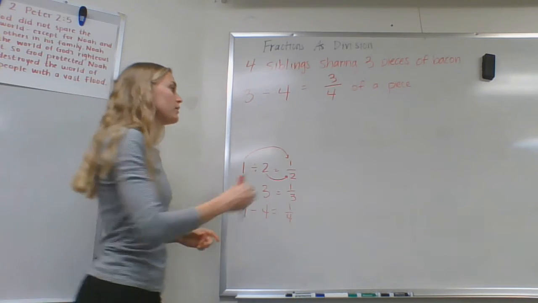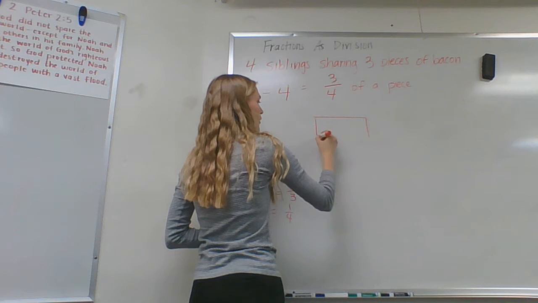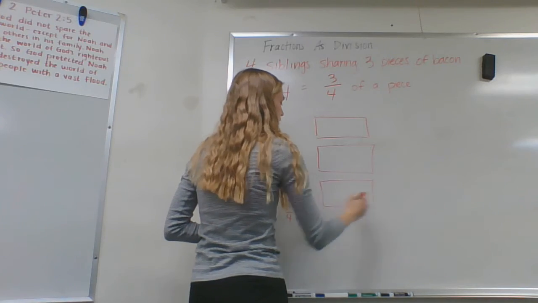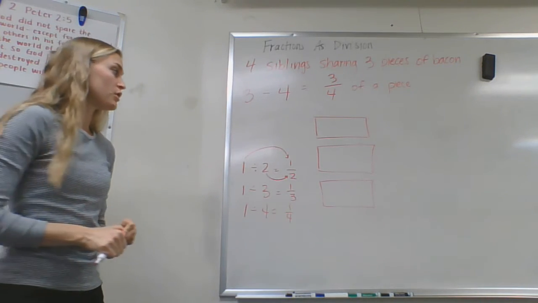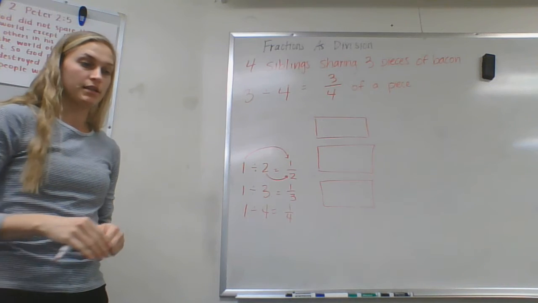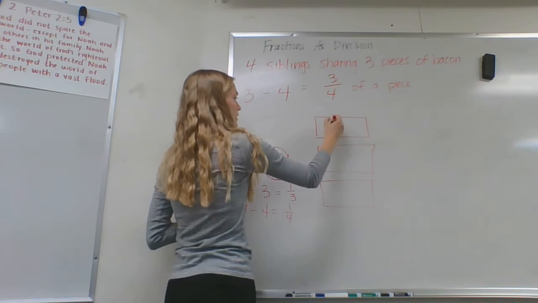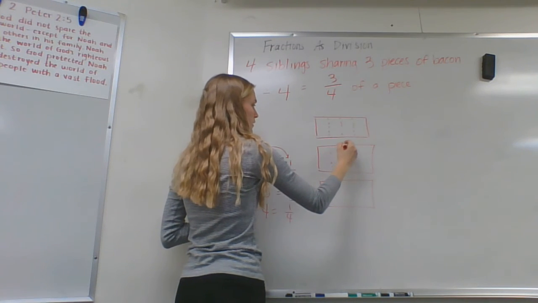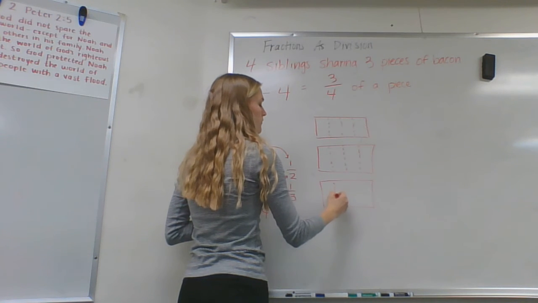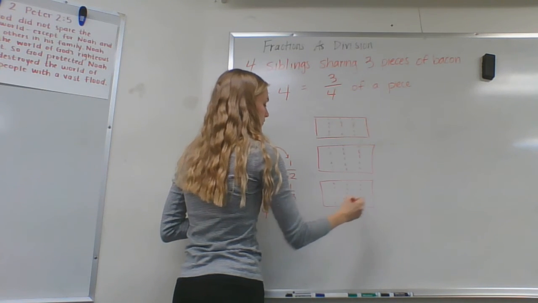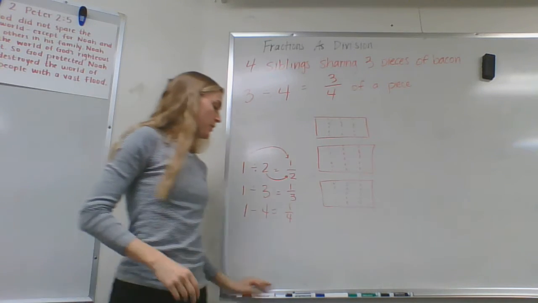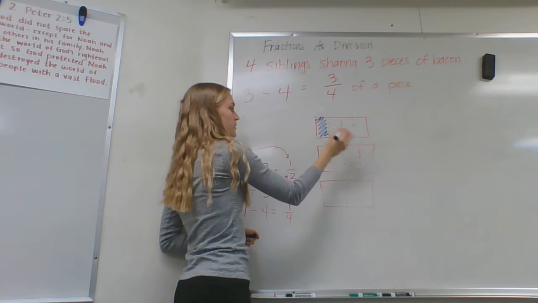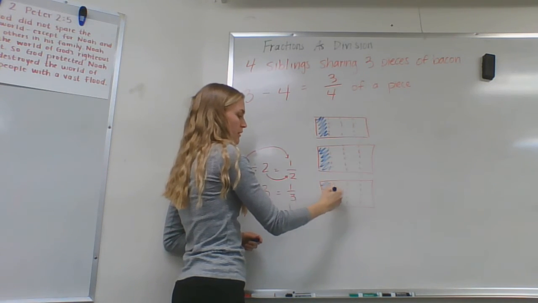Now if we drew that out, you would need to draw out 3 pieces of bacon. And we're dividing that between 4 people. So I think the easiest way is to divide each piece of bacon into 4 pieces. And so if you divide each piece of bacon between the 4 people, then each person will get 1 of the 4 pieces of every single piece of bacon.